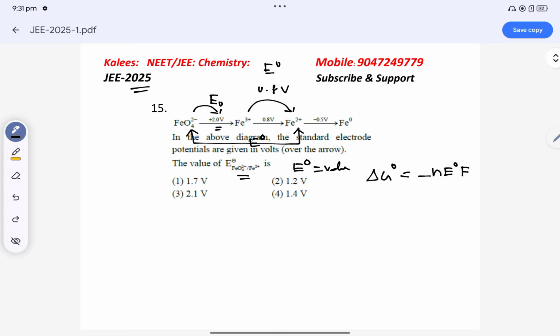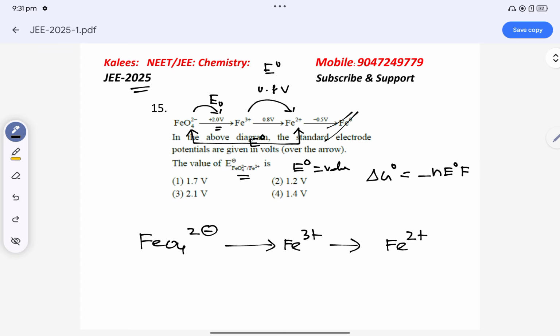First of all, I am writing this equation split into FeO4 2-, which is converted into Fe3+, which is converted into Fe2+. You need not write Fe0, because it is not asked. Only the E naught value for this conversion is asked.